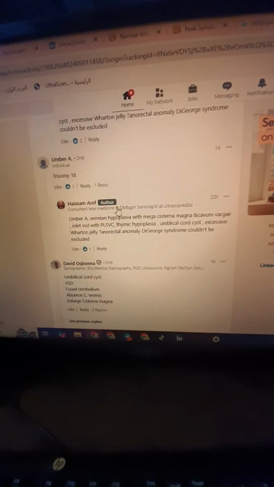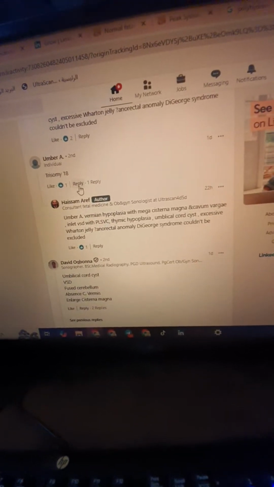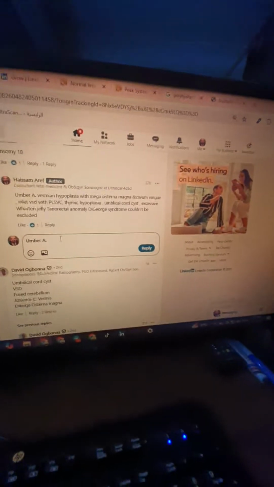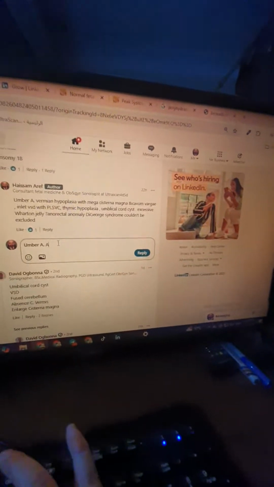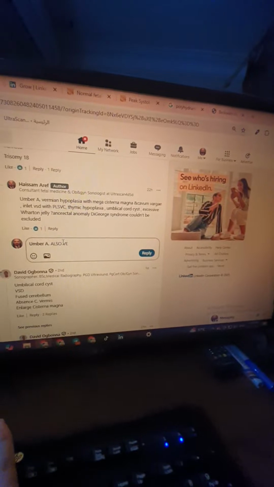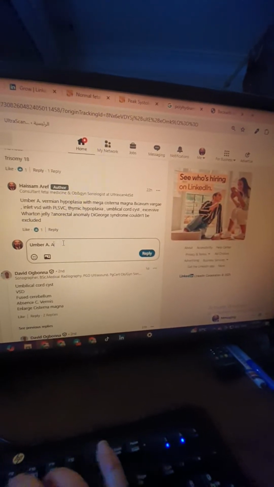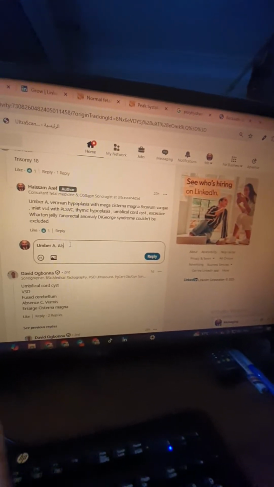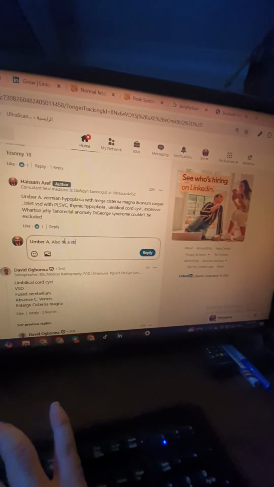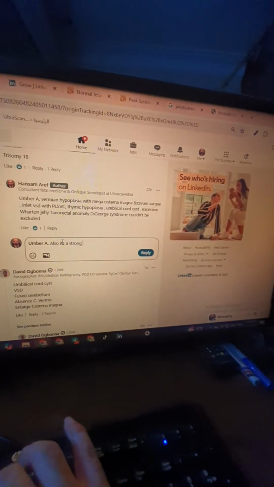DiGeorge syndrome is a very good possibility with all these enumerated findings. Here, Amber is saying trisomy 18. It's a very strong possibility. Yes, it's a very strong possibility. So having trisomy 18 is a strong possibility.